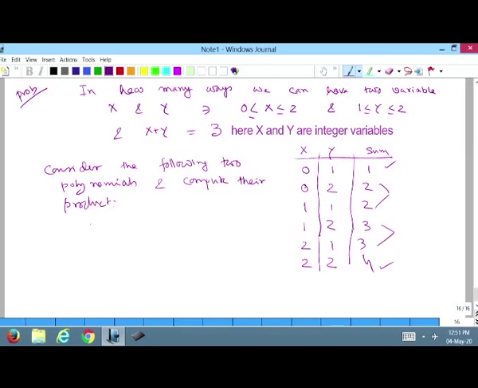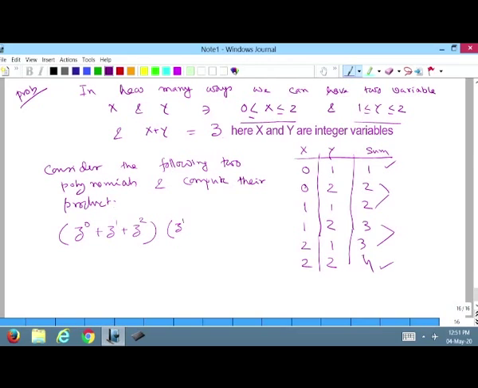So, what are those polynomials? Because x takes the value 0, 1, 2, we write z to the power 0 plus z to the power 1 plus z to the power 2. And the second one is corresponding to y, which takes values only 1 and 2.